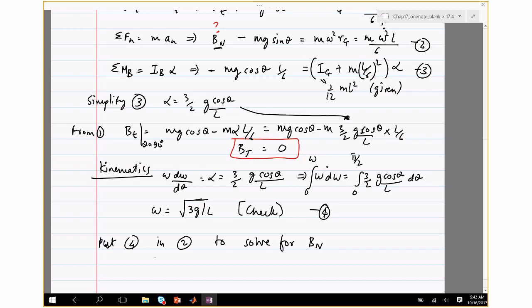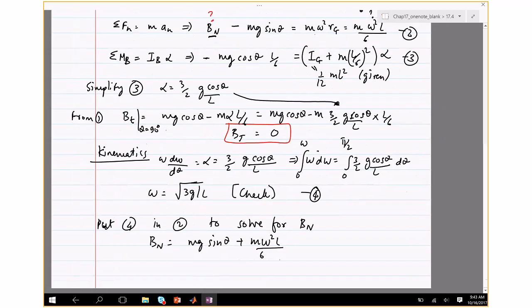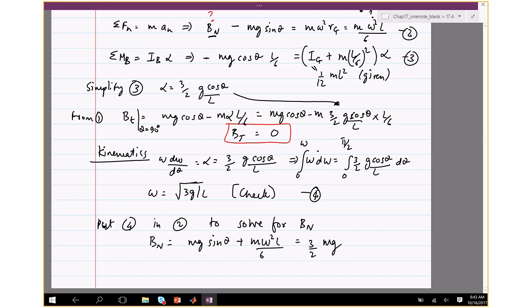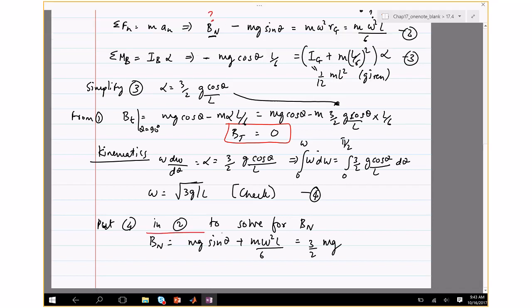So Bn comes out to be, so please check this, mg sine theta plus m omega square L divided by 6. It works out to be 3 divided by 2 mg. I did not get the numeric value, but it's kind of obvious how to get the numeric value once you know it in terms of mg.